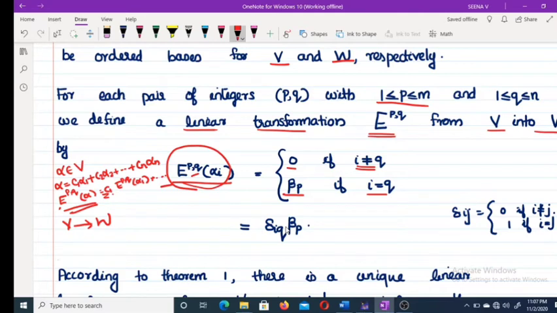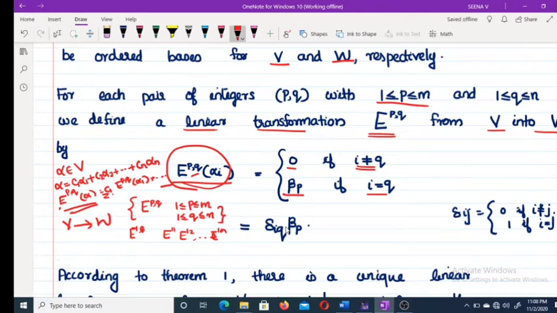Now, how many elements are there in E^{p,q}, with 1 less than or equal to p less than or equal to m and 1 less than or equal to q less than or equal to n? Then how many are there? First, write E^{1,q}, where q varies from 1 to n. That means E^{11}, E^{12}, ..., E^{1n}.